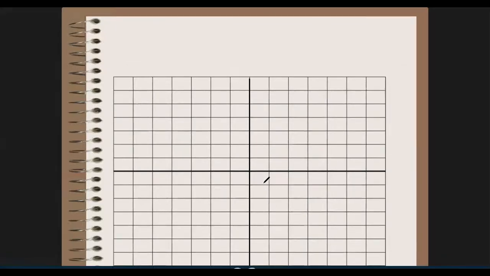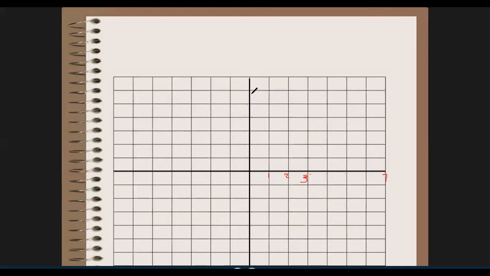Here I have 1, 2, 3, 4, 5, 6, and then 7. And on this axis I have 1, 2, 3, 4, 5, 6, and 7.